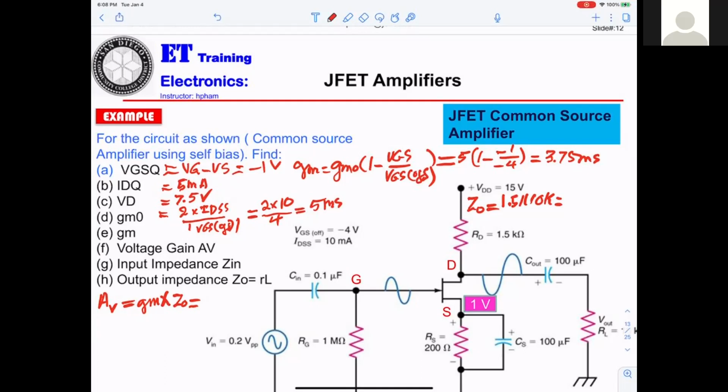So that's basically 1,300 ohms or something like that. Did anybody get 1,300 ohms? 1.3K.